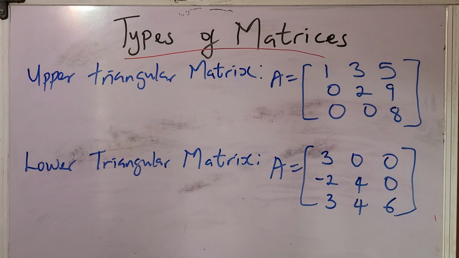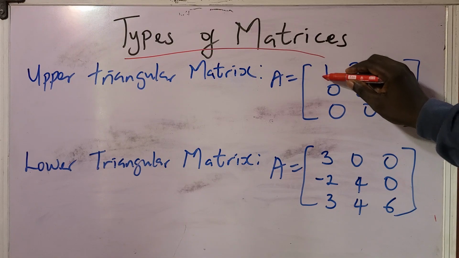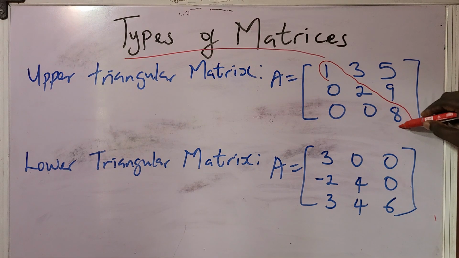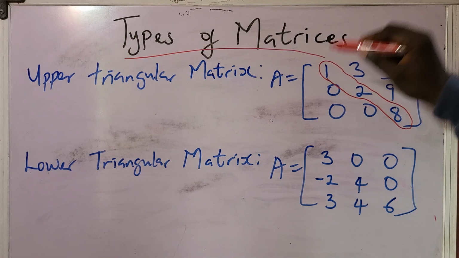Now, let's go on to talk about the upper triangular matrix. The upper triangular matrix is of a very distinctive quality. I already talked about the leading diagonal being the diagonal that stems from the top left to the bottom right.